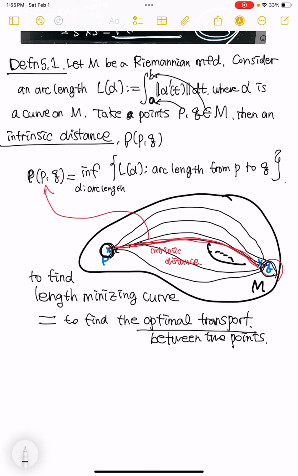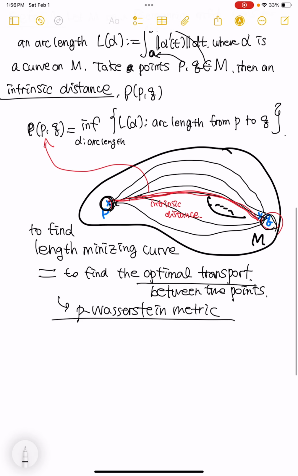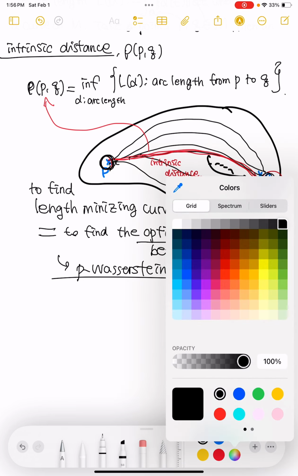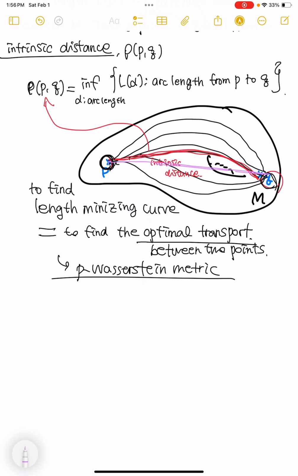That is important in lecture 8, section 8, to define the p-Wasserstein metric. Because that part of differential geometry is important, anyway, that is the shortest path here, the red curve.